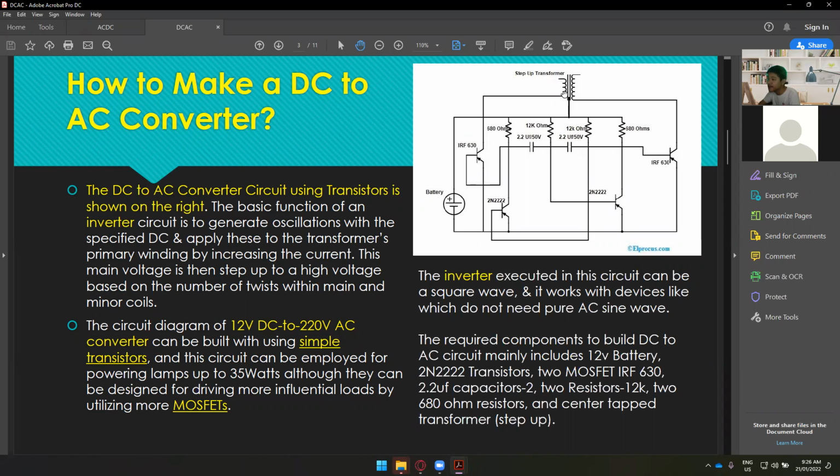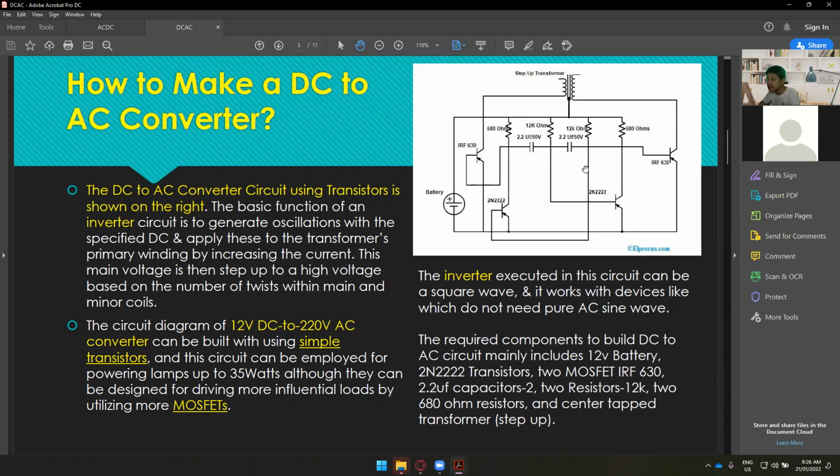Then we have the step-up transformer and the switch. We have resistors and capacitors right here. We even have NPN or PNP transistors, the 2N222, and we even have the IRF630, another kind of transistor, and another IRF630 right here.